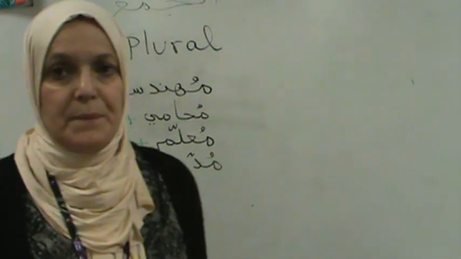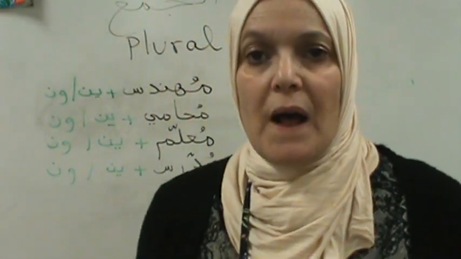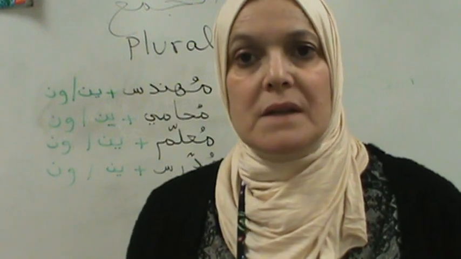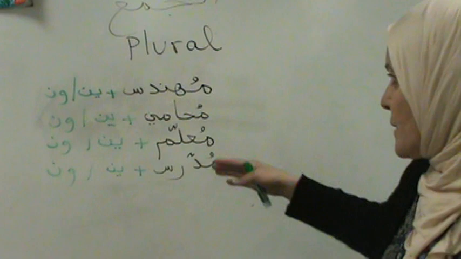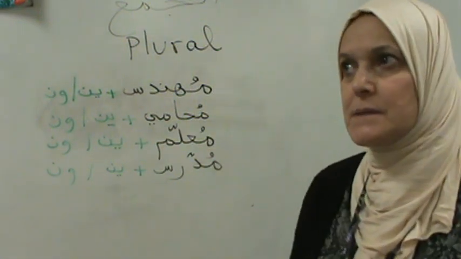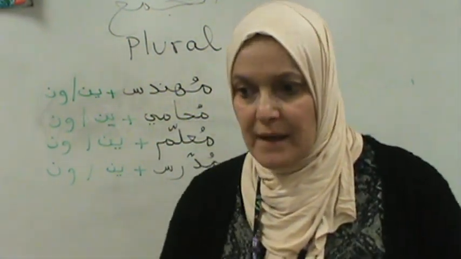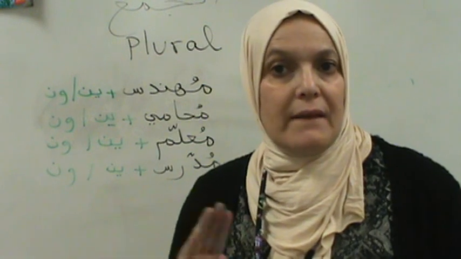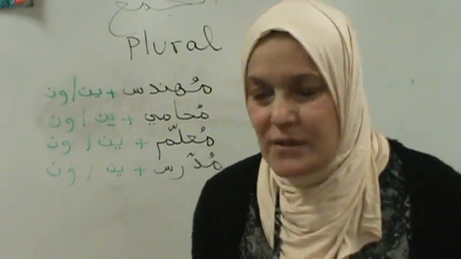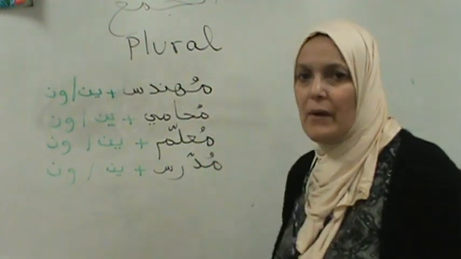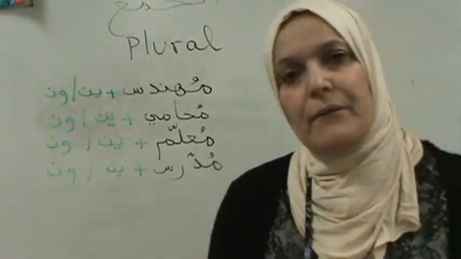Not all the jobs. Some of the jobs have a fixed form, we said مذكر سالم. Salim means not broken. It's straight and regular, kind of like regular and irregular. So we are talking about the regular plural, just like with verbs we have regular verbs and irregular verbs.